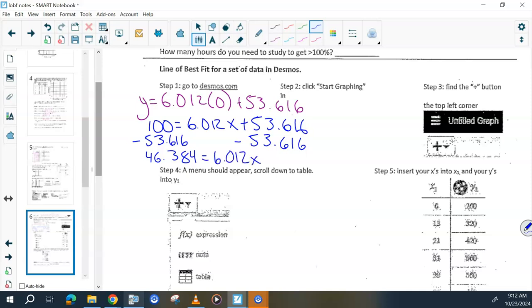And then divide both sides by 6.012. What is that X value?